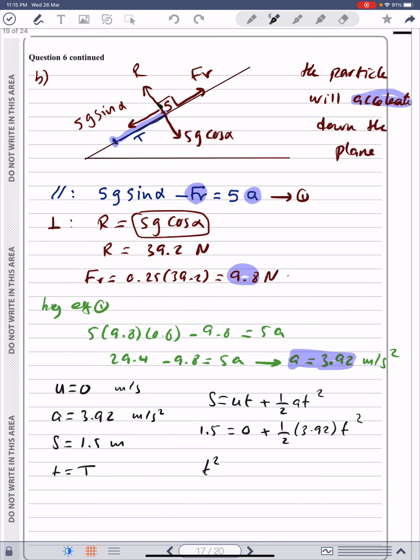So t squared is equal to, just cross multiply, 2 times 1.5 divided by 3.92, which gives you almost 0.765. By taking the square root, which is the t that he wants, of this value, which is 0.875 seconds to 3 significant figures.